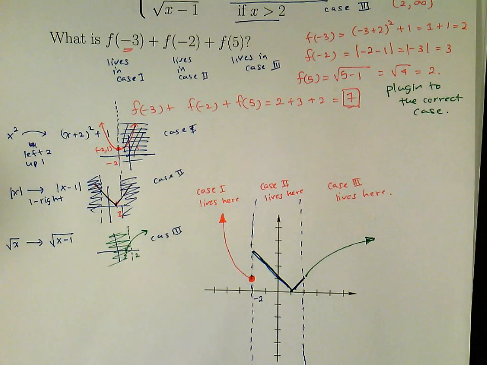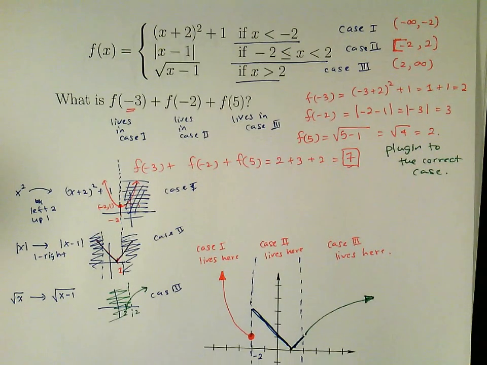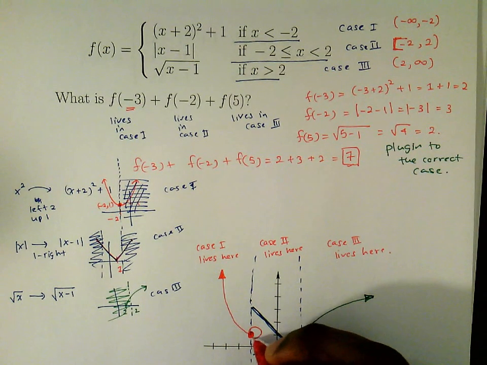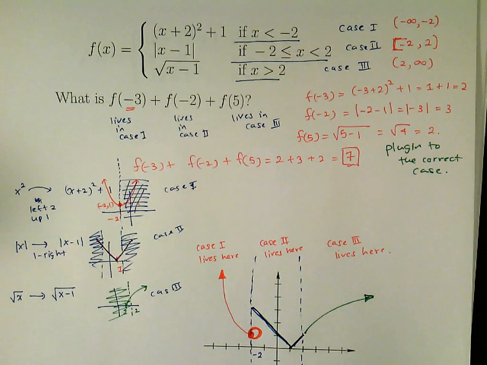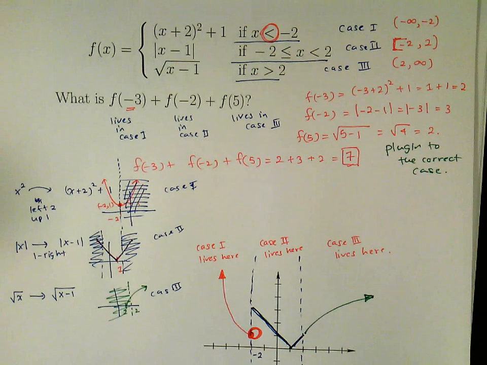Now everything is good until we look at the function and see that this is not a solid circle, it's an open circle. Why? Because it says x is strictly less than 2. Now first, just see whether you understand everything else and then think about this.